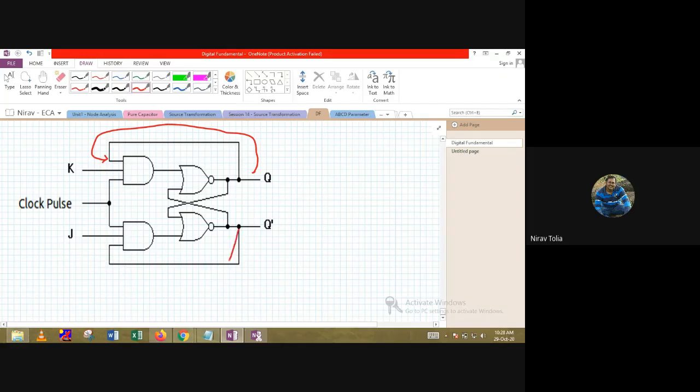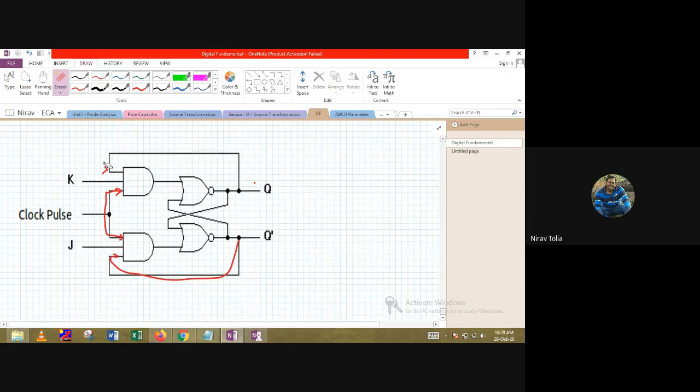We are also connecting Q dash again with the AND gate, and here also we are connecting a clock pulse. So let's check the figure first, then we will move forward to its truth table.